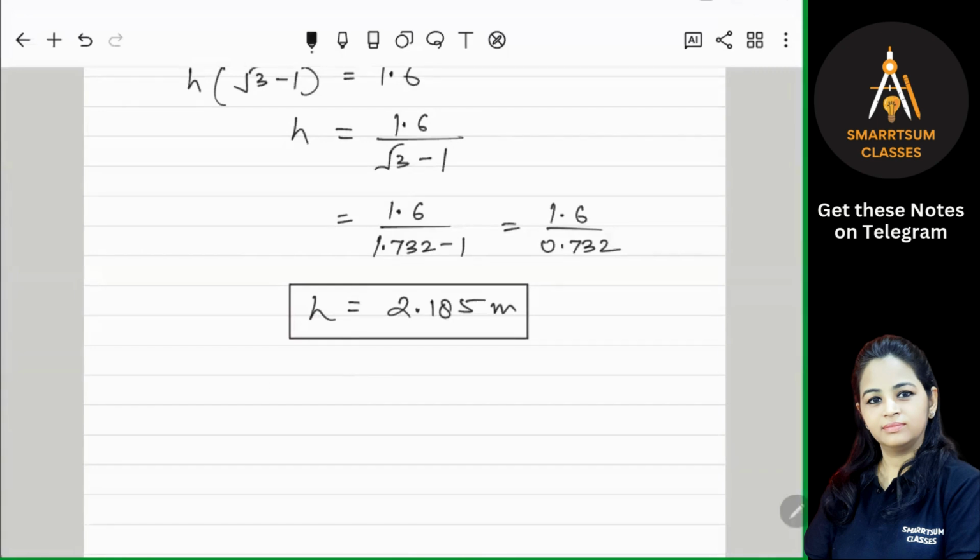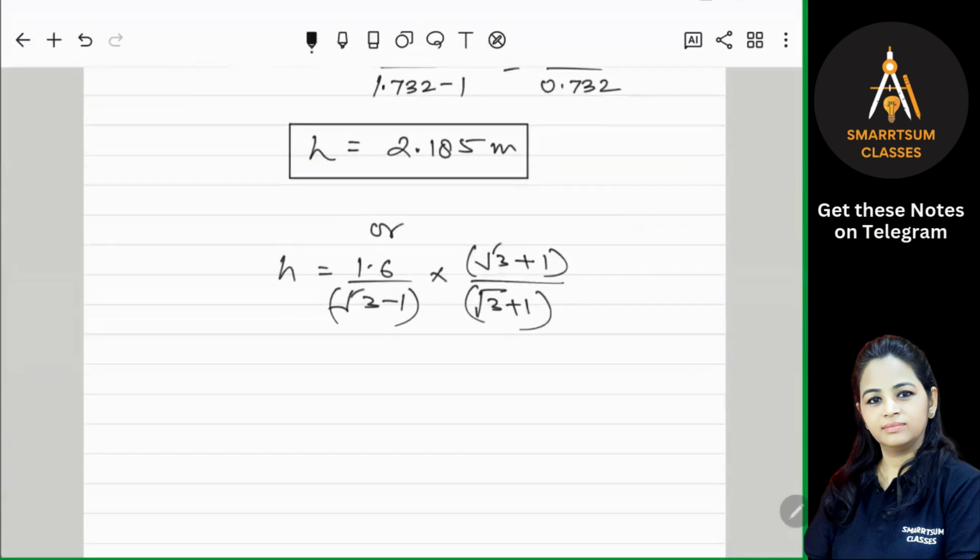You can also find the value in root form, right? So H is equal to 1.6 upon root 3 minus 1. Okay, so now you can rationalize it by multiplying with the rationalizing factor root 3 plus 1 in numerator and denominator, right? So this will become 1.6 into root 3 plus 1 upon, now this will become root 3 whole square minus 1 square, that is 3 minus 1.